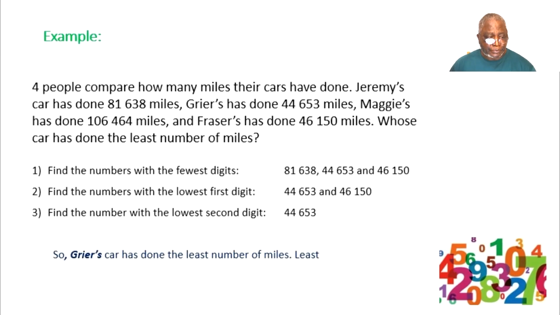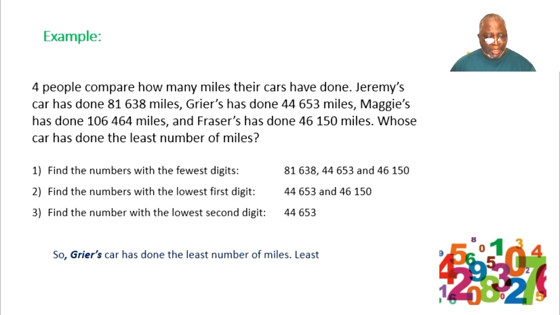Here is the example. 4 people compare how many miles their cars have gone. Jeremy's car has done 81,638 miles. Gray's has done 44,653 miles. Maggie's 106,464 miles. And Fraser's has done 46,150 miles.